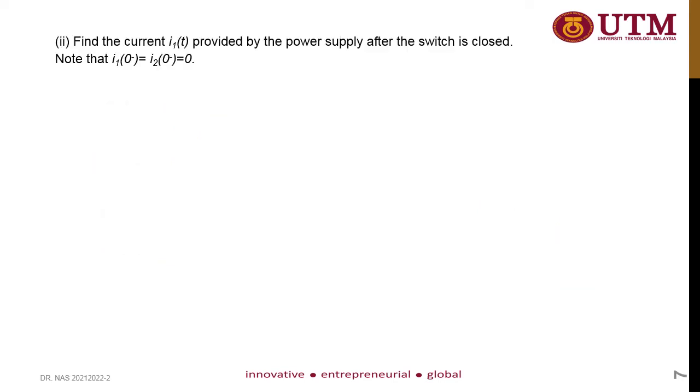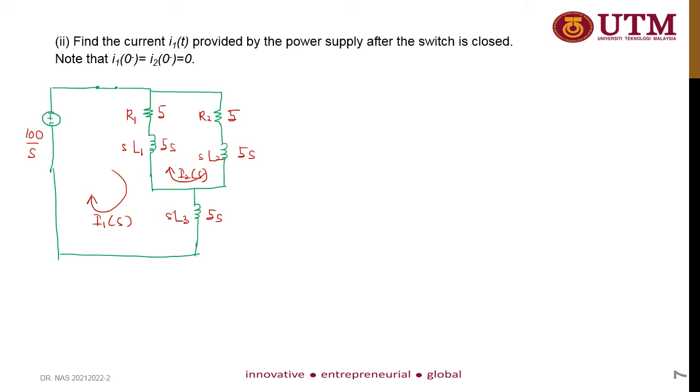So next you need to find the current I1(t), provided that I1(0) and I2(0) equal 0 after the switch is closed. This is the Laplace transform equivalent circuit that we have drawn from the first question. So you can find I1(t) from I1(s). You need to perform loop analysis to get I1(s).